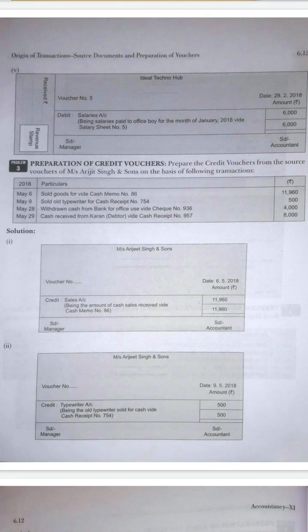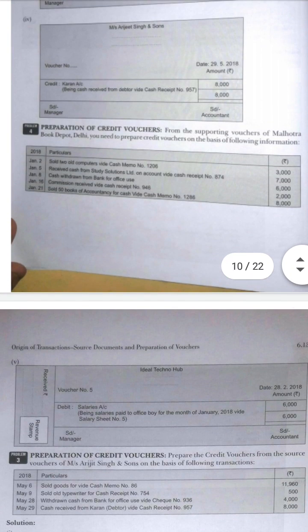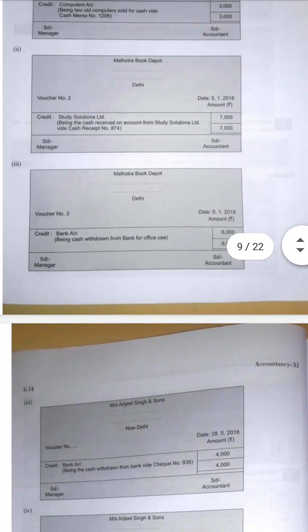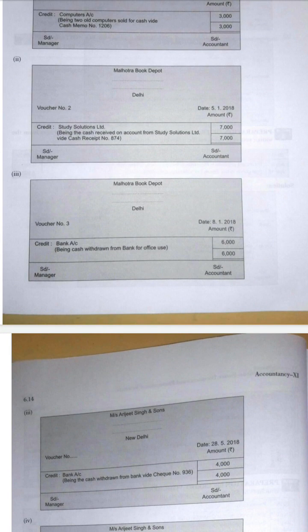Okay, so just try this. And problem 4 is also very easy, a credit voucher. And the fifth sum is the transfer voucher. The transfer voucher is also called a non-cash voucher. In this transfer voucher, both debit and credit will be included.